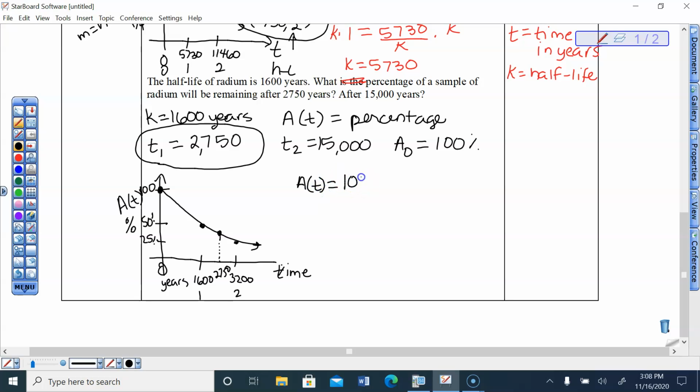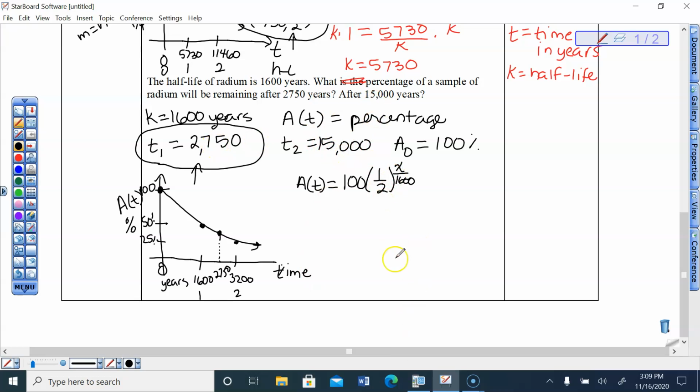So my initial amount is 100, and I'm working on half-life, so base 1 half, and then the exponent is T over K. Well, I'm going to go ahead and use X over my half-life of 1600. I'm going to plug in time sub 1 to get my amount after 2750, and then I'm going to plug in 15,000.